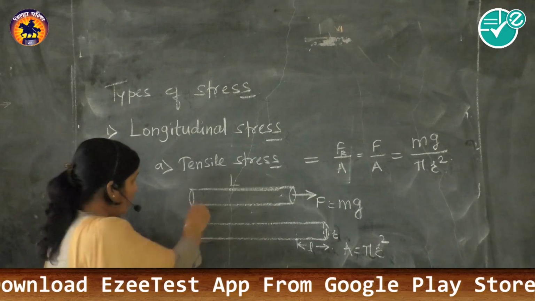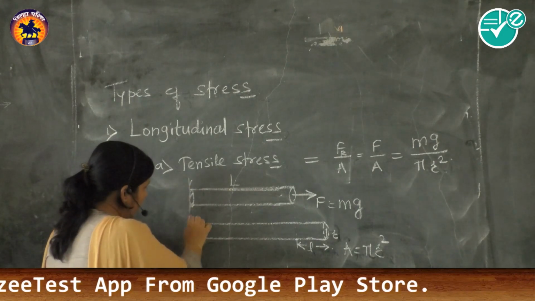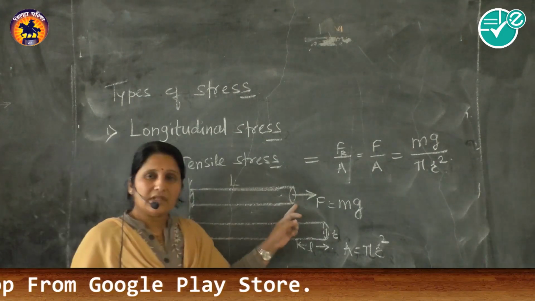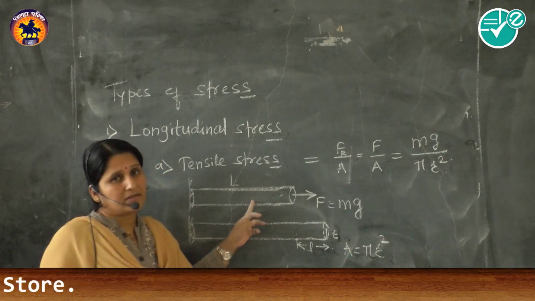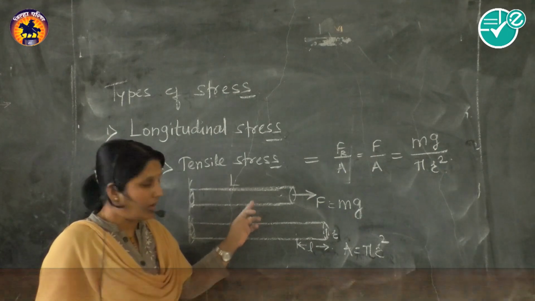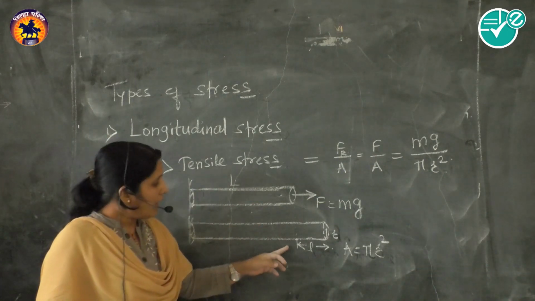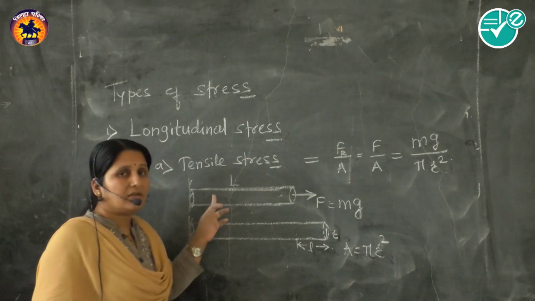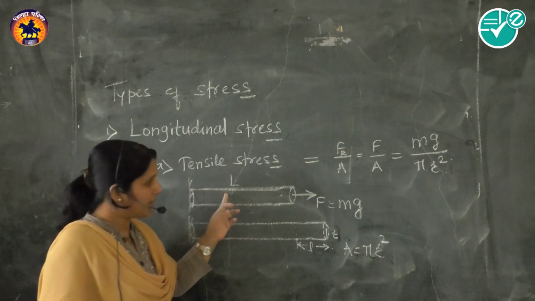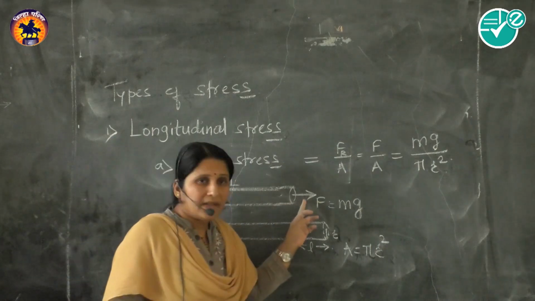Actually, obviously this end should be fixed there, and we are applying force in this direction. Then what happens? Length of this cylindrical wire, or we can say rod, increases. By how much this length increases? Small l. Original length of this cylindrical rod or wire is capital L. Force is applied in this direction.